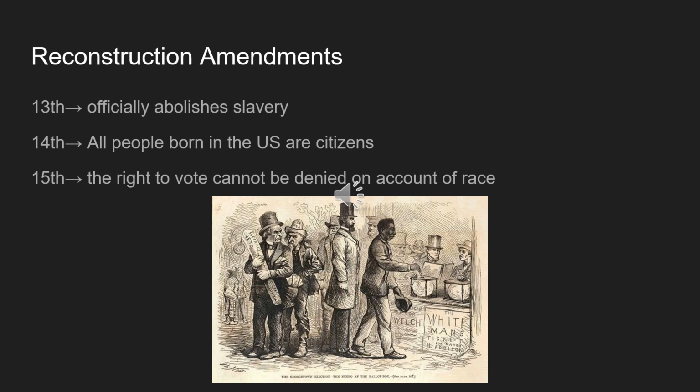Your 14th Amendment, if you are born in the United States, you are a citizen. And lastly, the 15th, the right to vote cannot be denied on account of race. All men, regardless of race, can vote. Now, you should know women do not yet have this right. Women are still excluded, and I think that is important to note as well.